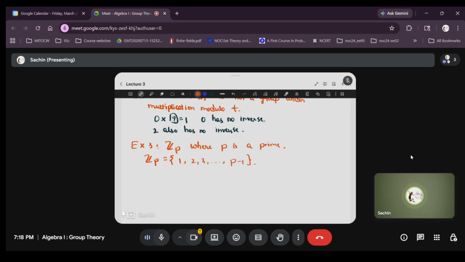One's inverse is 1 itself. Yes, both 1 and p minus 1 are inverses of themselves.